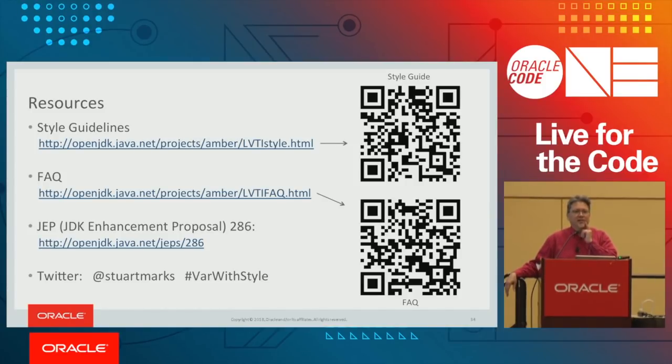So that is legal and allowed. But if you were to say var s equals 0, then that s variable would no longer be a short, it would be an int. So you have to be very careful because you have to really understand the exact type of literals if you're going to use var with primitives. And in fact, the primitive type names are mostly pretty short, so it doesn't buy you that much. Other questions? Yes, in the back there.